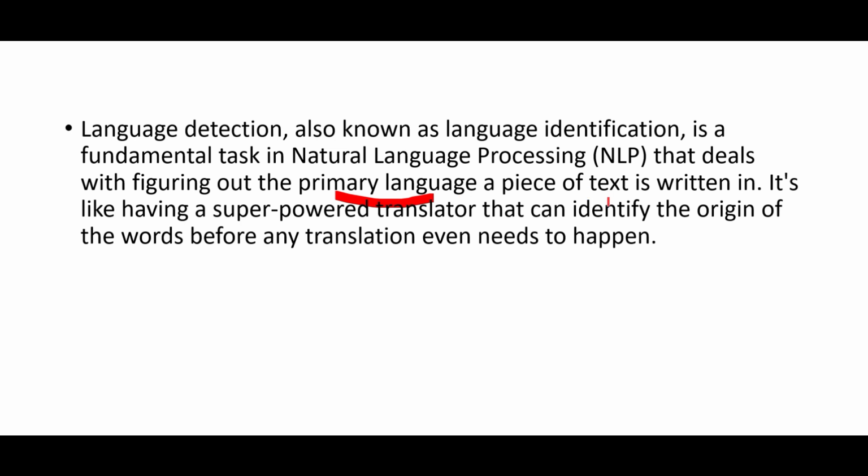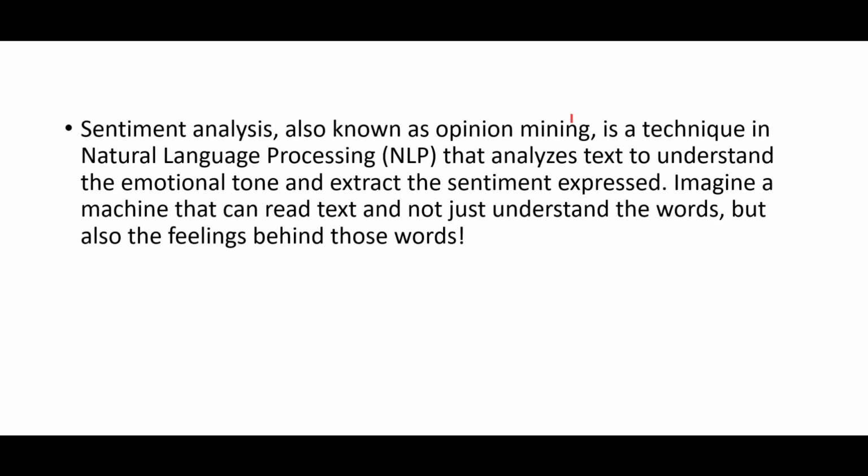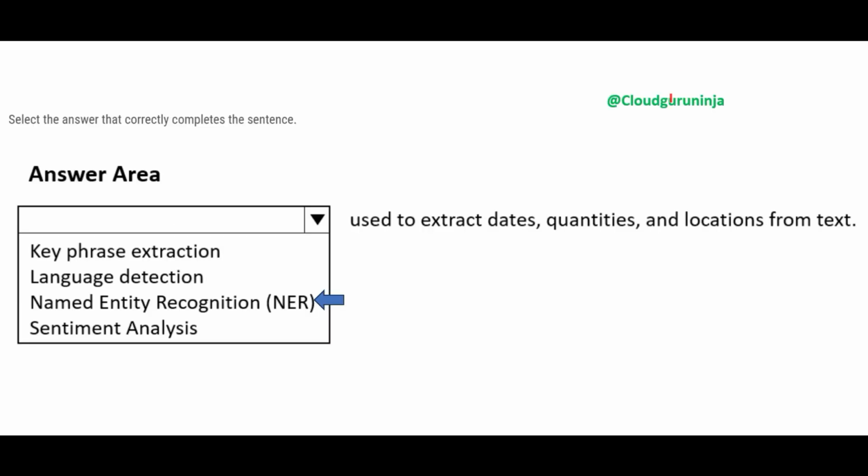It is a superpower translator kind of thing, which identifies the origin of the words before the translation even needs to happen. Sentiment analysis is incorrect in this case because it is an opinion mining technique. It tries to read the sentences in the paragraph and say this one sounds sad, this one sounds depressed, this one sounds happy, this one sounds very positive. So NER would be our final answer in this case.